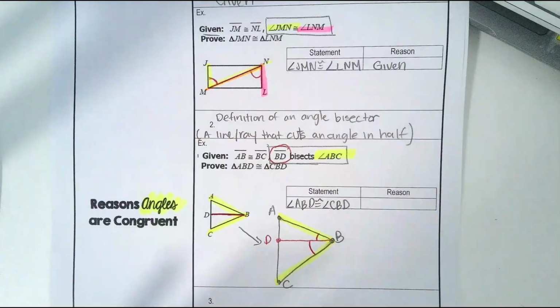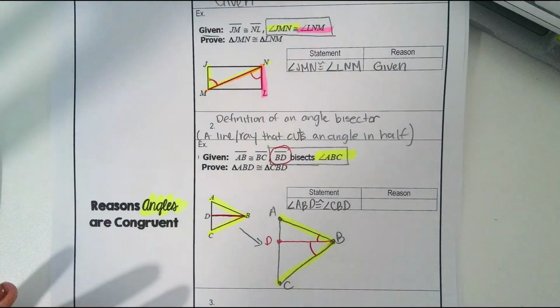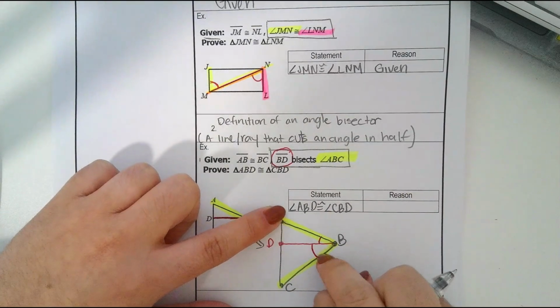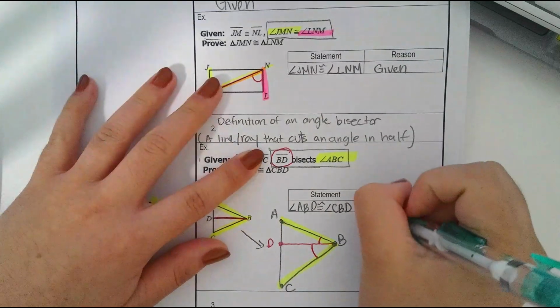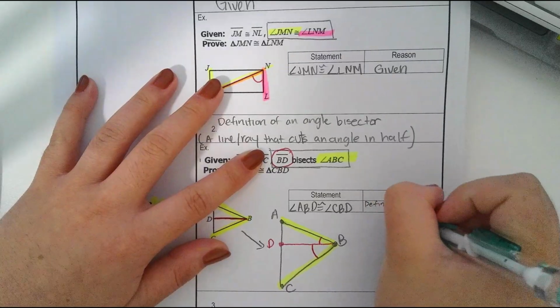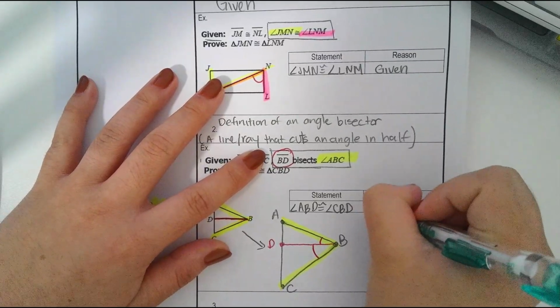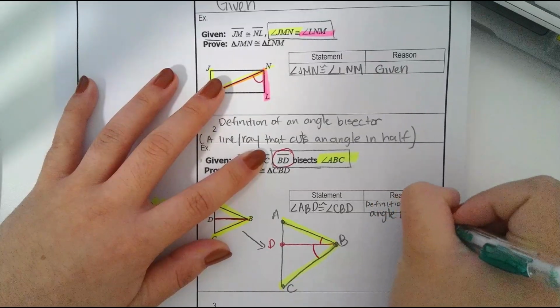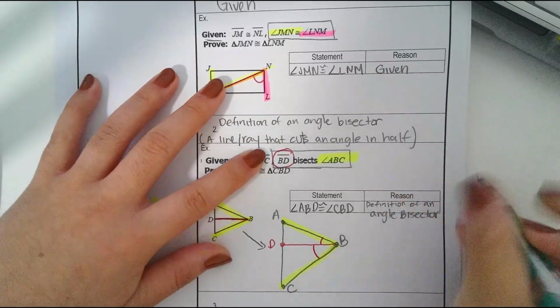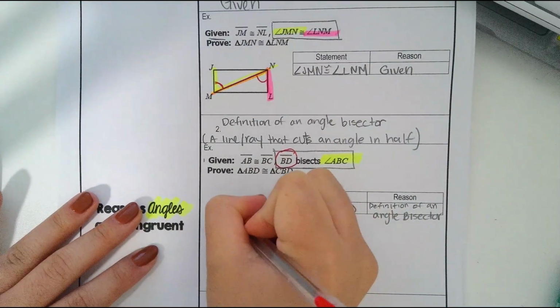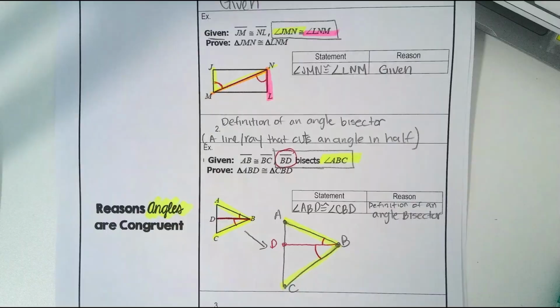Whatever the measurements are, we know they're congruent because this red line is cutting that angle in half. And the reason that we know that these two are congruent is because this is the definition of an angle bisector. Okay, so technically this is trying to tell you that those two angles are congruent to each other because that line BD is cutting angle ABC in half.